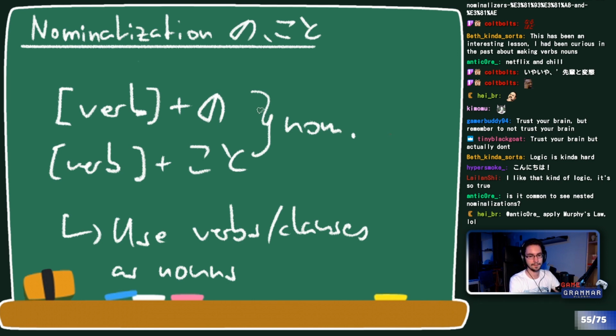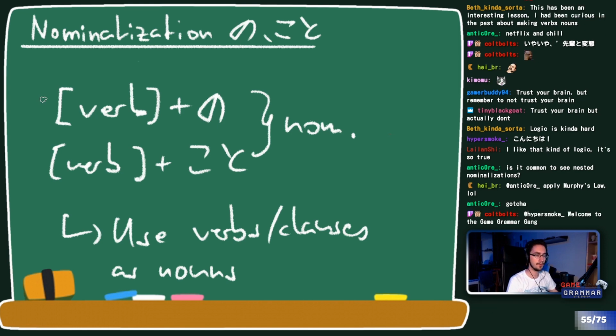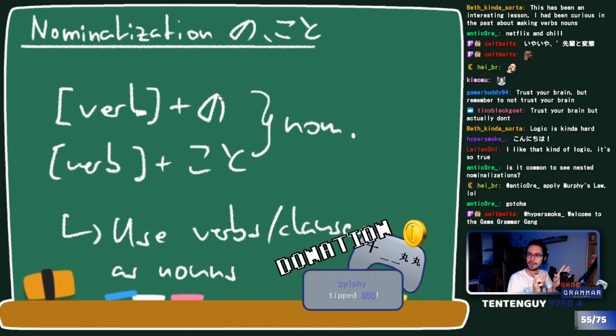And it's the same with that. And yeah, the other thing is also, since we just mentioned relative clauses, this structure is essentially the same as the one we mentioned with relative clauses, where you have verb plus noun, because no and koto both kind of work as nouns that get this attributive clause attached to them.